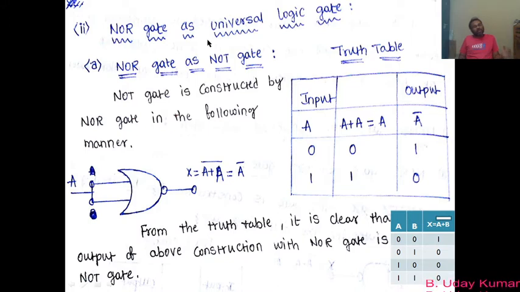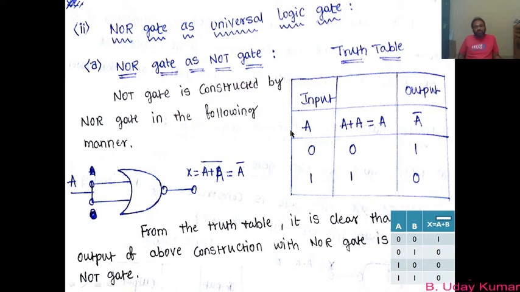In our last video we discussed how the NAND gate was used to construct the OR and NOT gates. In today's video lesson, we concentrate only on the NOR gate, and how it is used to construct the NOT, OR and AND gates. This slide shows the construction of the NOR gate in such a way that it acts like a NOT gate.